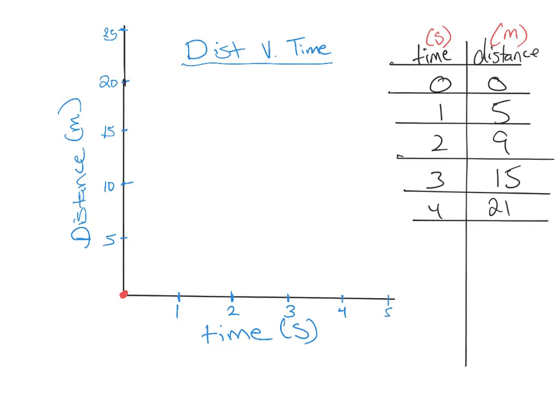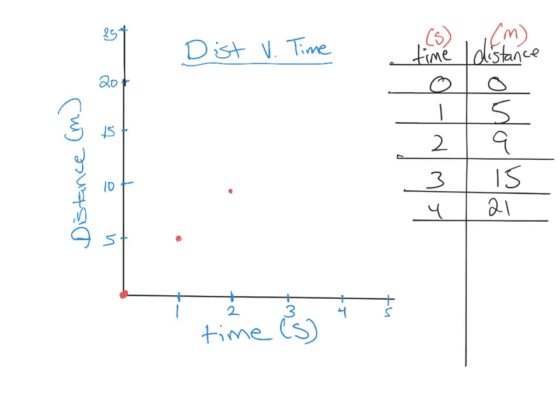Next up, we've got our 1, and at 1, it's at 5. So I'm going to mark that at 5. At 2, it's at 9. So I'm going to find 2, and I am going to find 10. I'm going to go just a little bit below it, so that it's at 9.